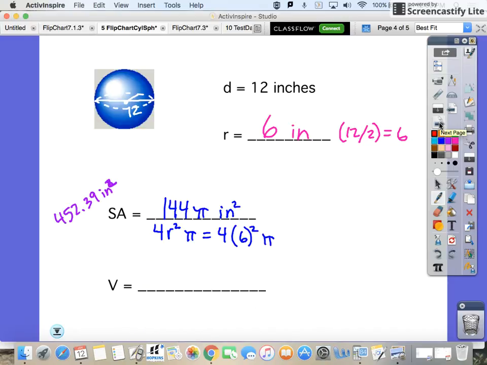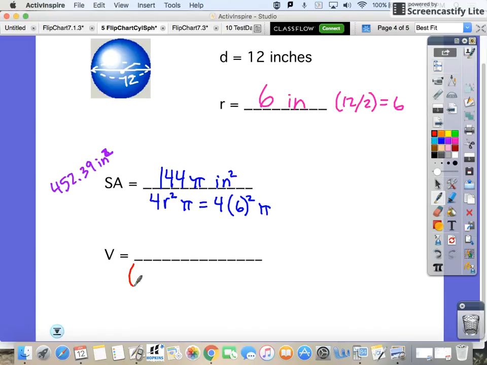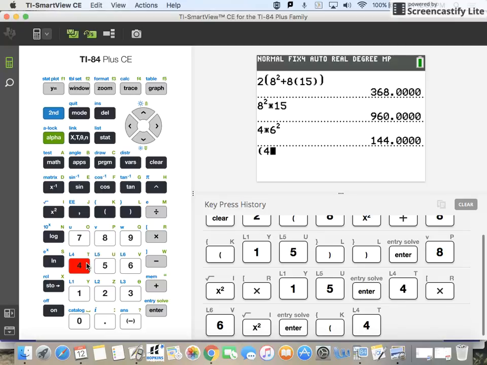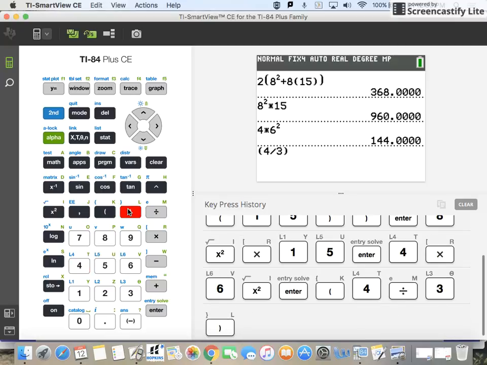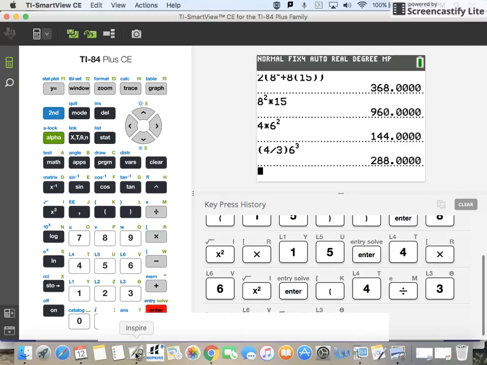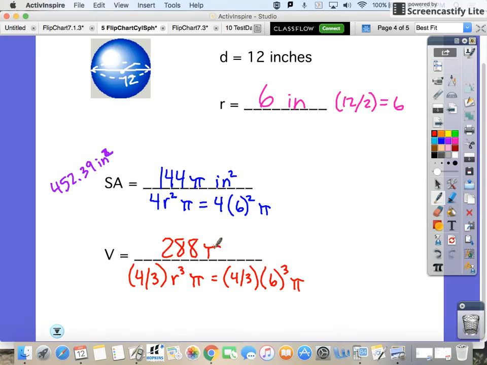So for volume on this one, we've got 4/3 r cubed times pi, which means 4/3 times 6 cubed times pi, which is 288 pi inches cubed, which in reality is about 904.78 cubic inches.